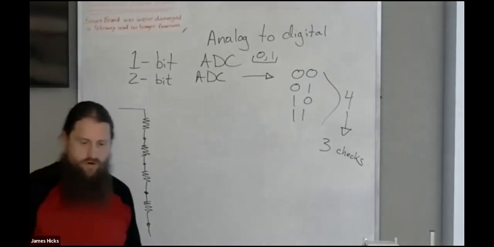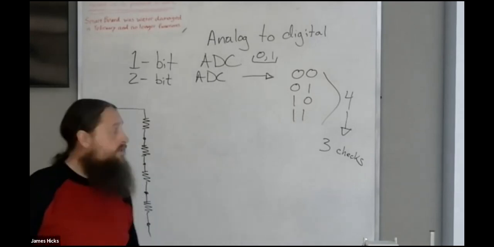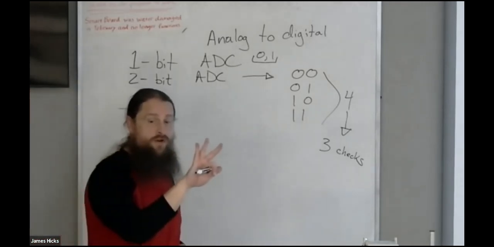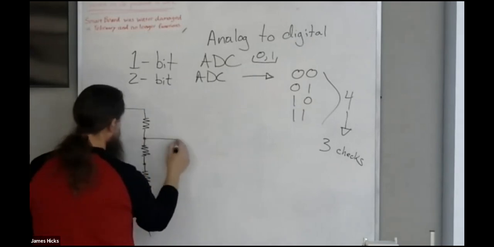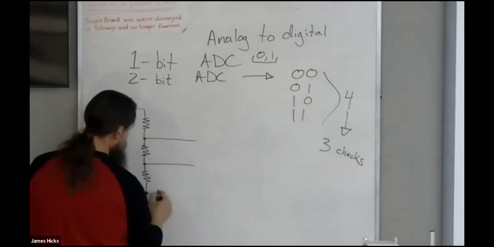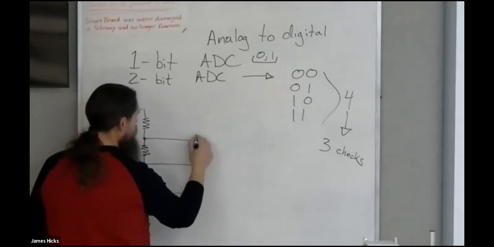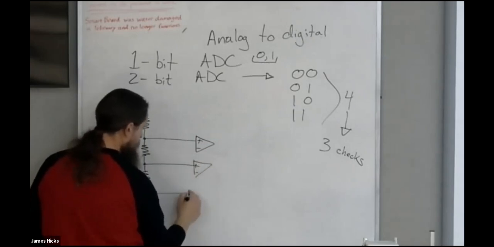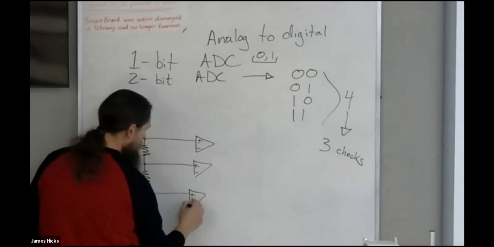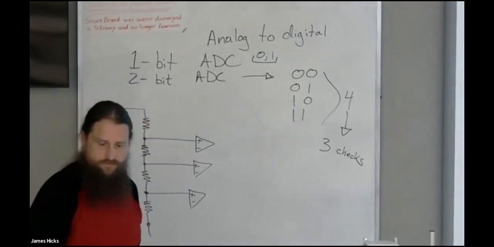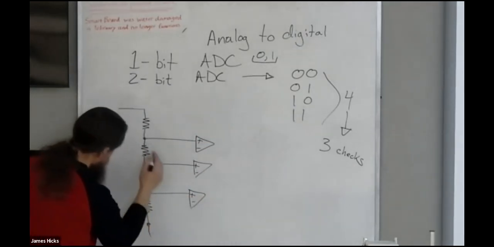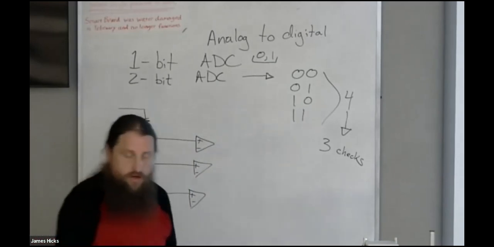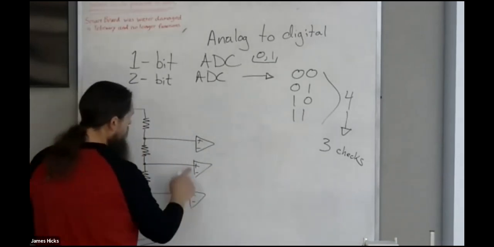we're going to have 4 resistors. 4 resistors makes 3 voltage dividers. 1, 2, 3. Each one of these goes to a comparator, like that. Where all the negatives are on the op amps, the inverting inputs.